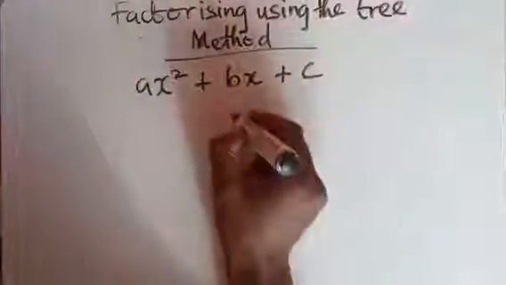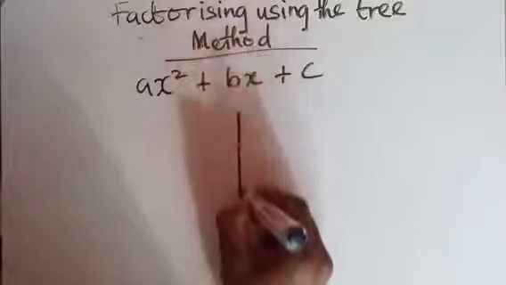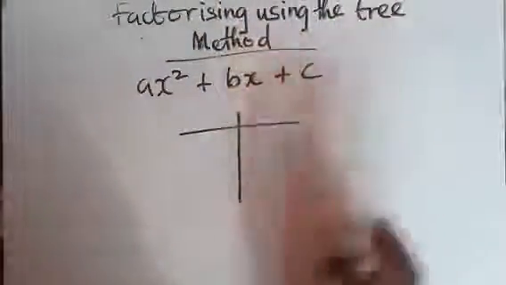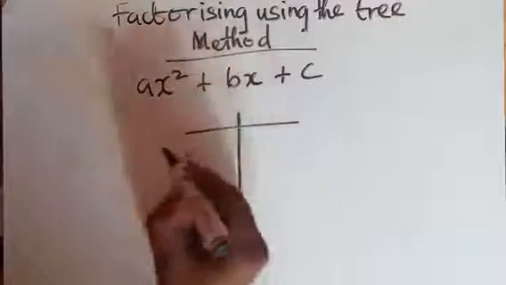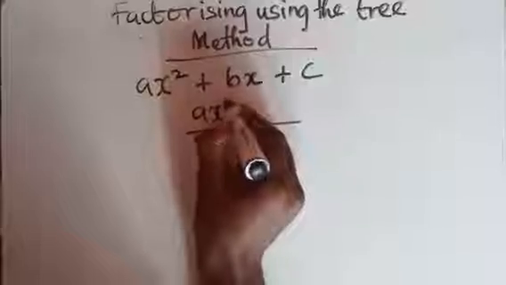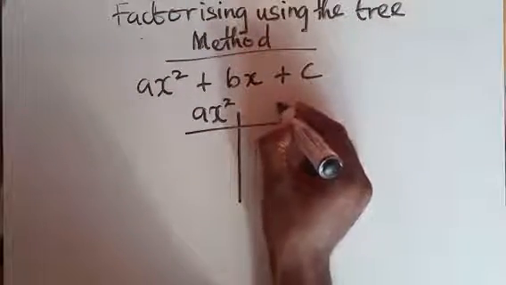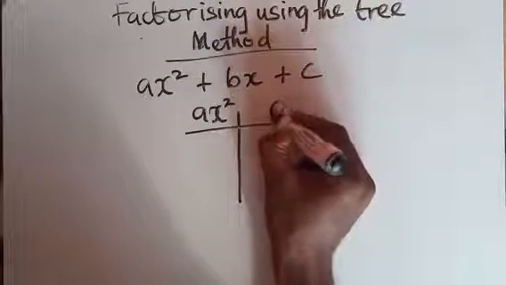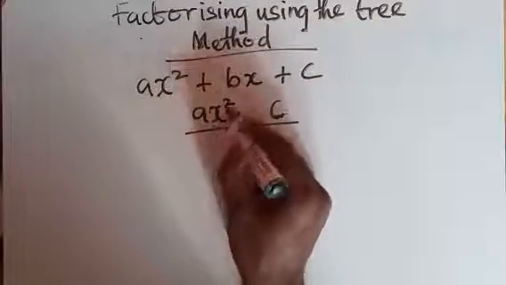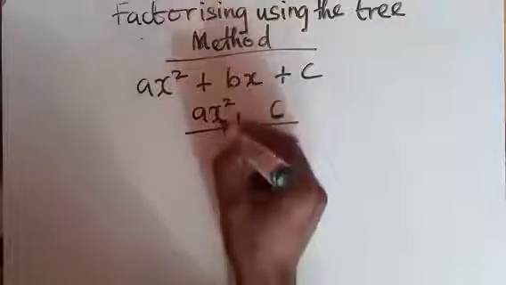Draw a normal tree, a bar for division, and the second horizontal bar. Then we put the ax squared on the left side of the tree and put the constant on the right side of the tree.